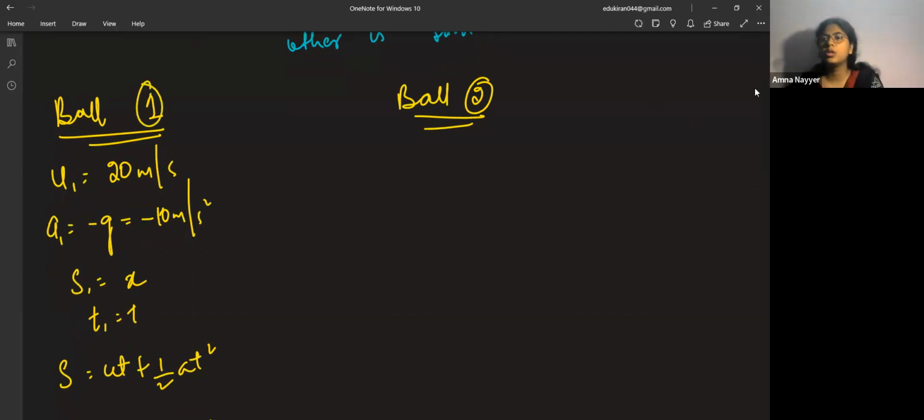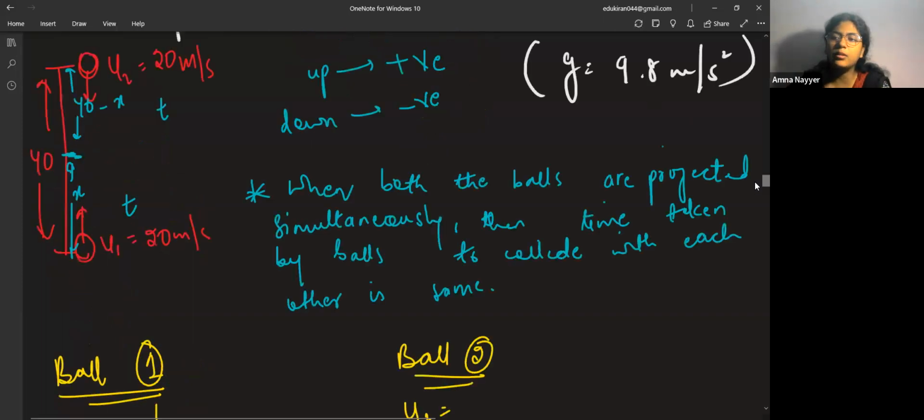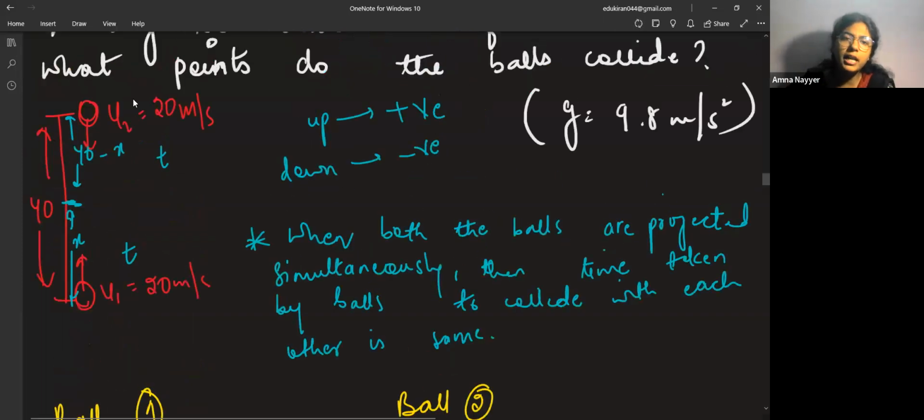Ball 2. Now, data and sign conventions for ball 2. Yasir, can you tell me, what should I write? This is the second ball. This is the first ball. Initial velocity. What should I write for the initial velocity?